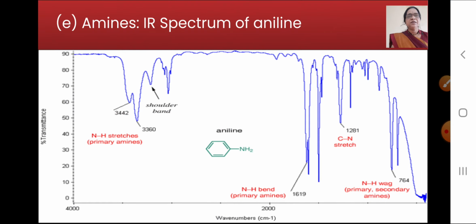Now we will see the information about the IR spectrum in the case of amines. The NH stretching frequency occurs in the range of 3500 to 3200 per centimeter. The primary amine, the secondary amine and the tertiary amine may be differentiated by using infrared spectra.